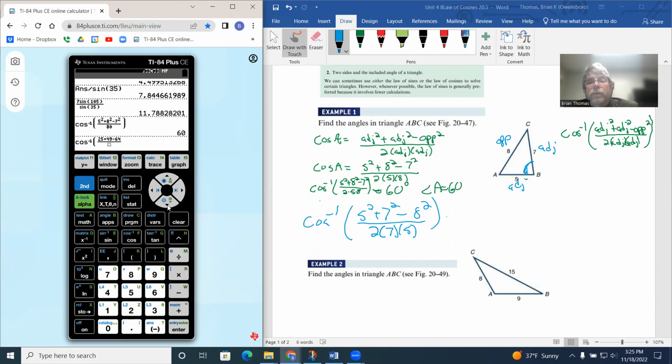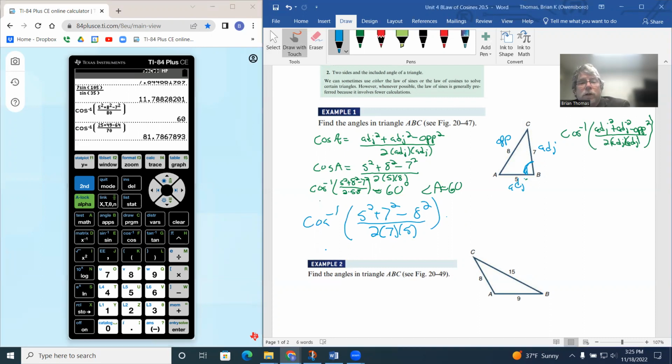On the bottom, that's 35 times 2, which would be 70. We can do a little bit of math along the way if we want. And enter, and that'll give us 81.8 degrees. So angle B is going to be 81.8 degrees.